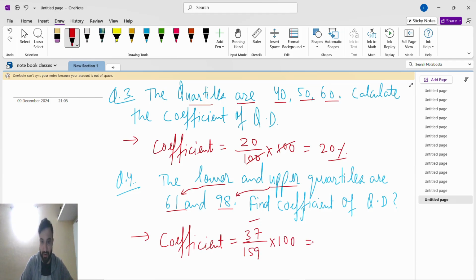So 37 divided by 159 into 100 is 23.27. That's it. Okay, this is done.